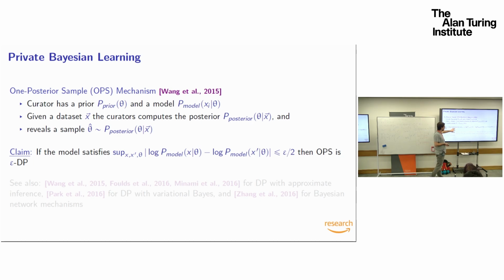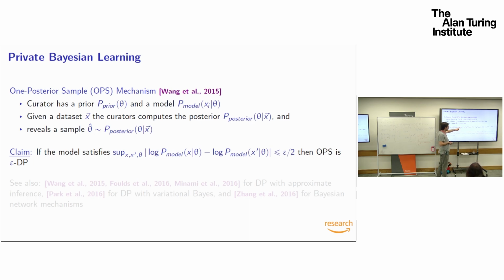And they basically showed that if the likelihood of your model is not too sensitive to changing one point in the data set, which is what makes sense, in the cases where it makes sense that you will be able to achieve differential privacy. So if this thing is uniformly bounded by epsilon half on the whole parameter space, then actually revealing one sample from the posterior is differentially private. And they call this privacy for free.